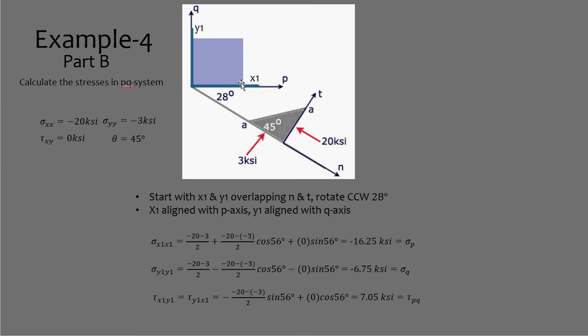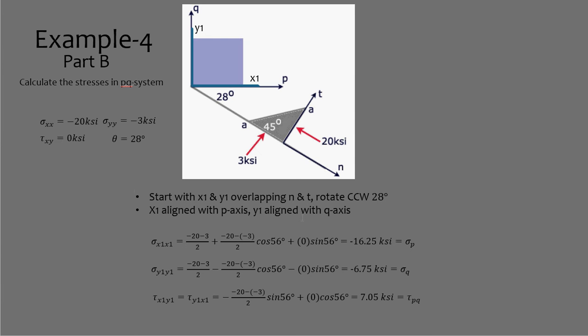So we can set x1 to be collinear with P and y1 collinear to Q. At this point, there is nothing really more to do but plug this into our stress transformation equations. All the values are the same. The only thing that we're changing is our theta, which is no longer 45 degrees, it's 28 degrees.